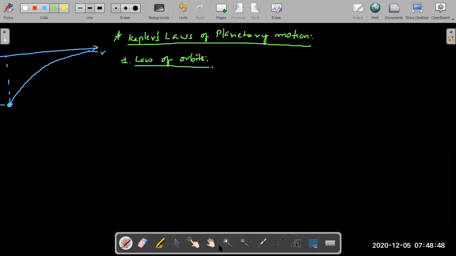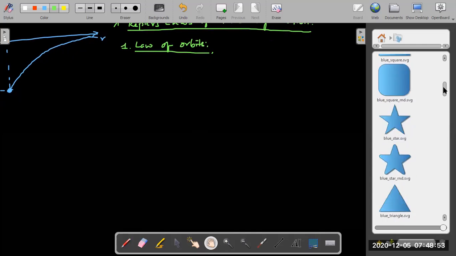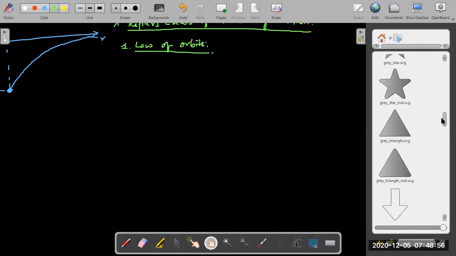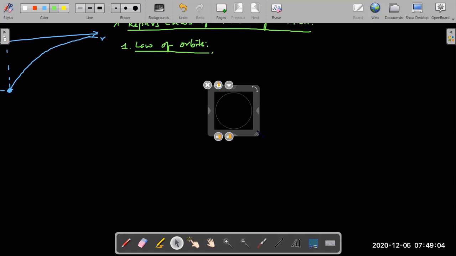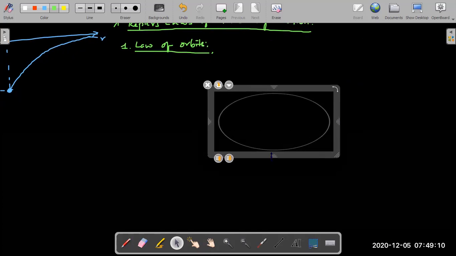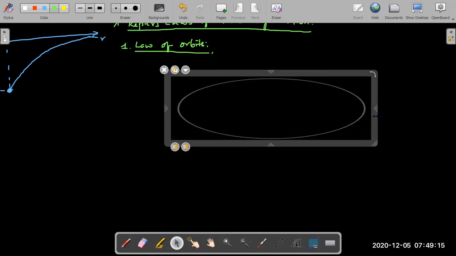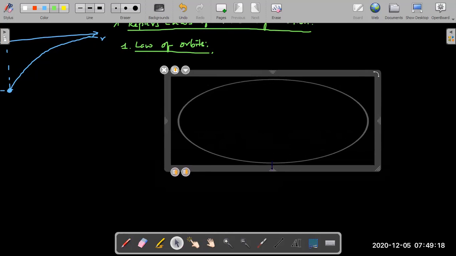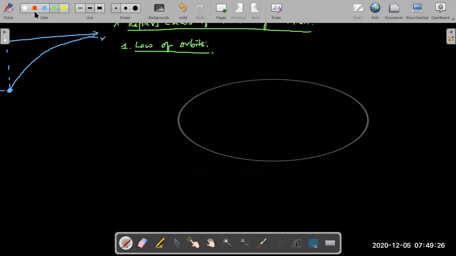This law says that every planet revolves around the Sun in an elliptical orbit.